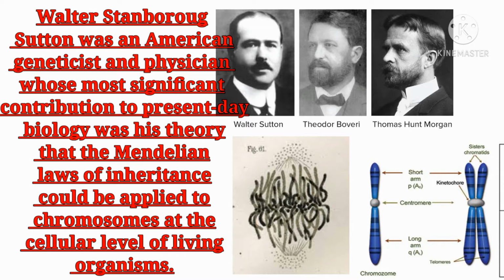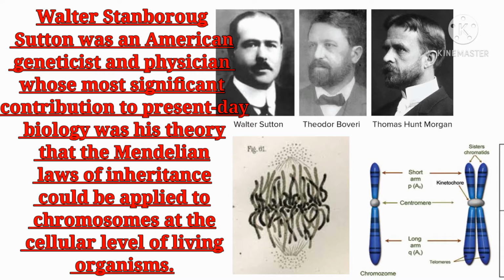And these are the chromatids, with a short arm and a long arm, and the centromere is present between them. The chromatids basically contain genes, and these genes are allelic to each other in the same chromatid.